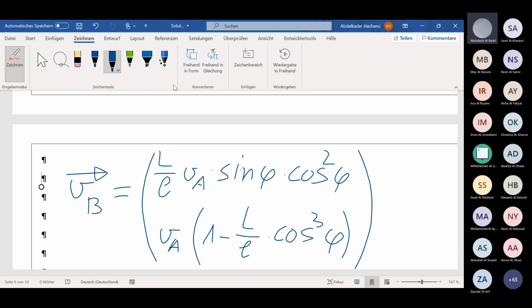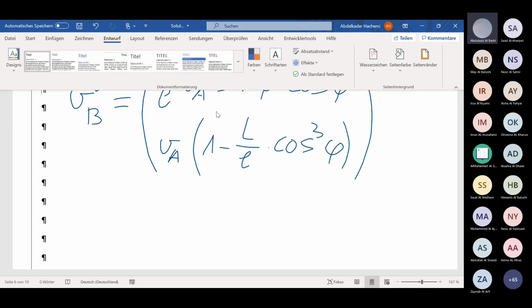This is the expression when we replace phi dot by its value.